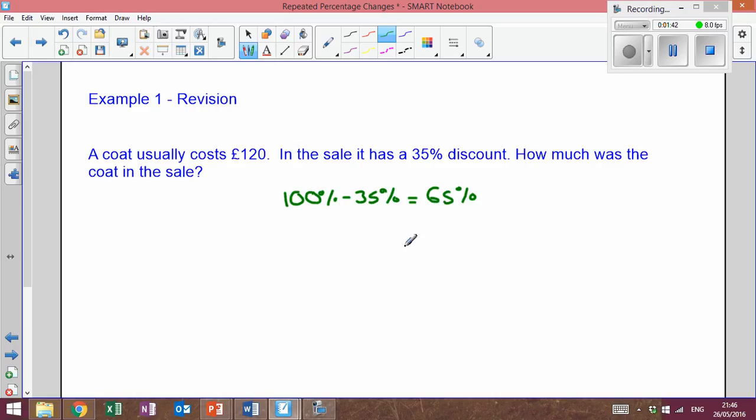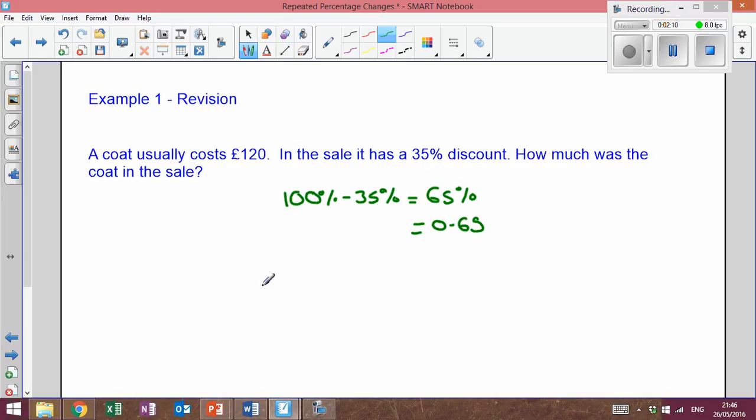Now the best way to calculate percentages, definitely in my eyes anyway, is to convert that into a decimal. We know to convert a percentage into a decimal we divide by 100, so 65% really means 0.65. After you've got good at this, you won't need to write this bit down, but you should very quickly be able to turn a 35% discount into 0.65.